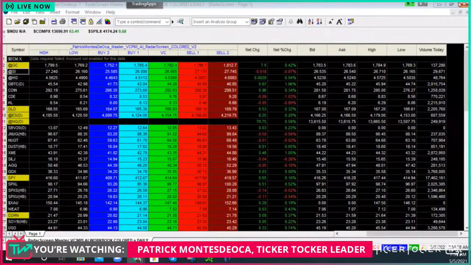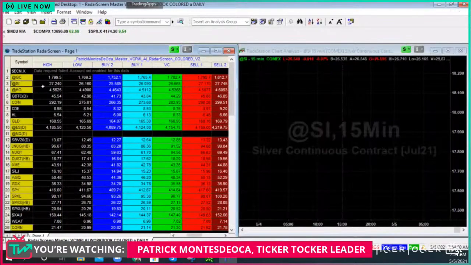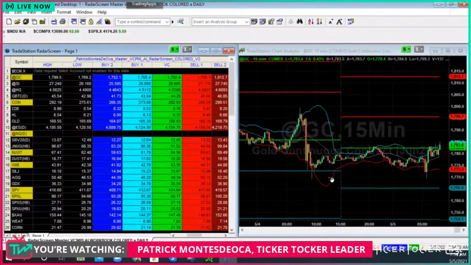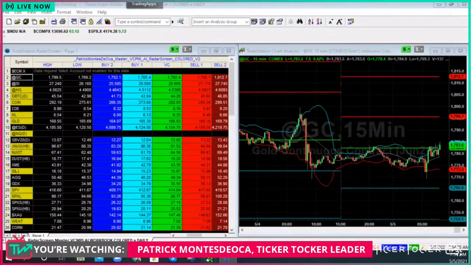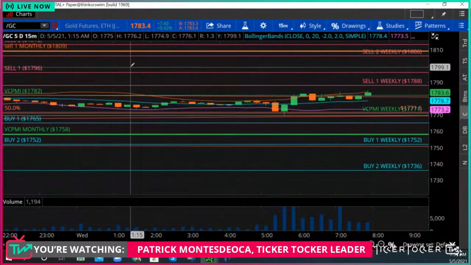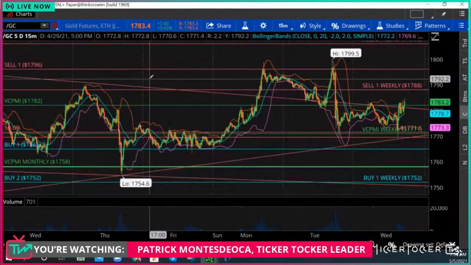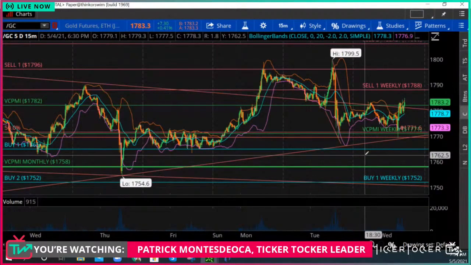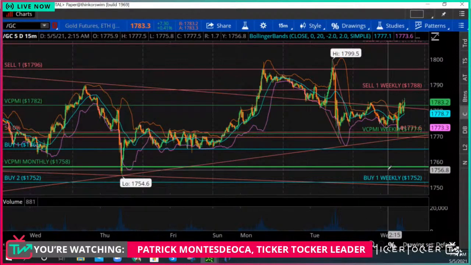This was the earlier pattern, and so now let's take a look. What's going on here? If you have been following my videos, I announced that I have a core position that I'm keeping long until about 1810.